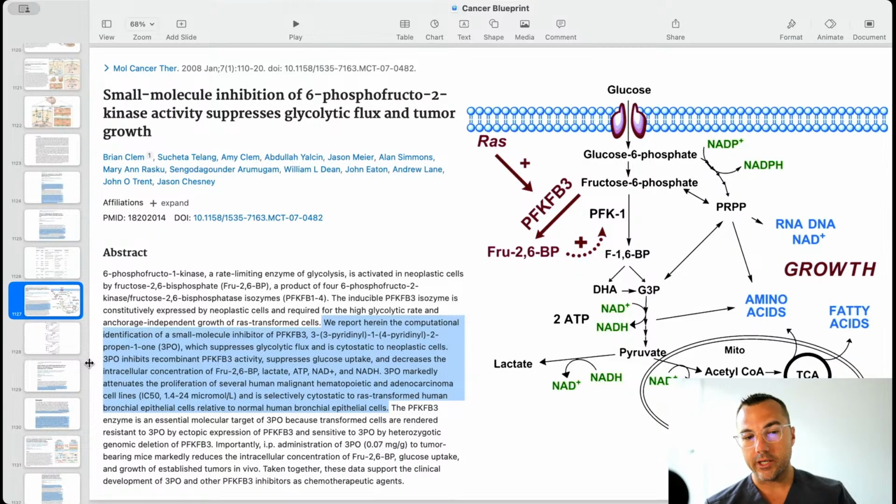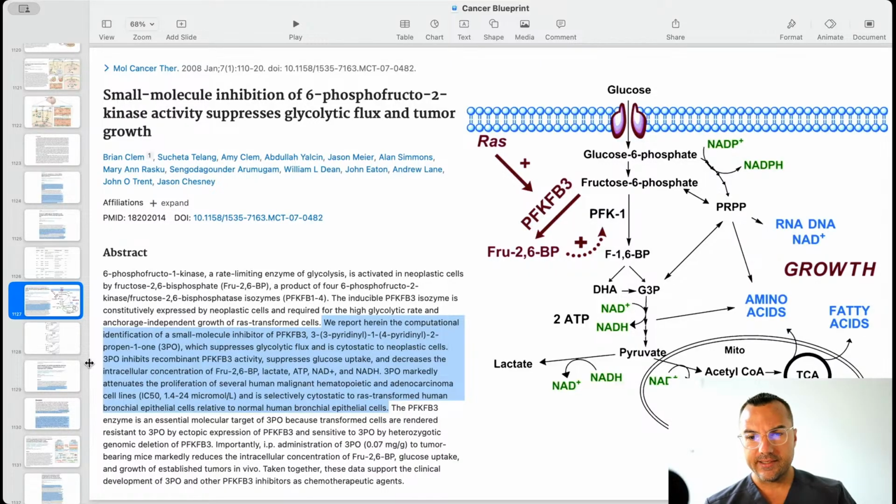3PO markedly attenuated the proliferation of several malignant hematopoietic and adenocarcinoma cell lines with a 50% concentration needed at 1.4 to 24 micromoles per liter, and is selectively cytostatic to RAS-transformed human bronchial epithelial cells relative to normal human bronchial epithelial cells.